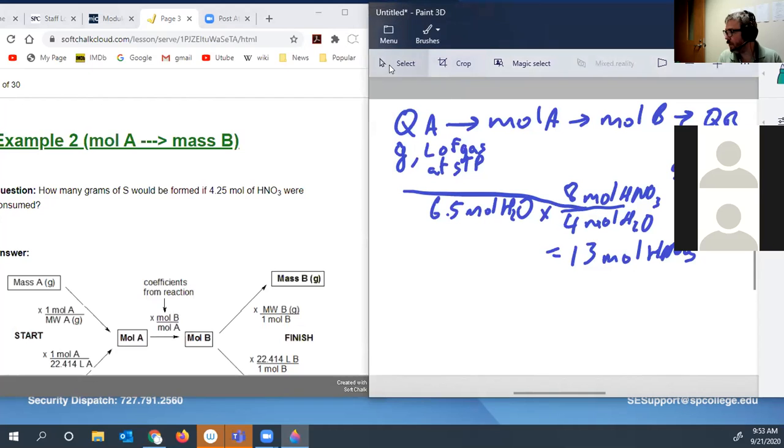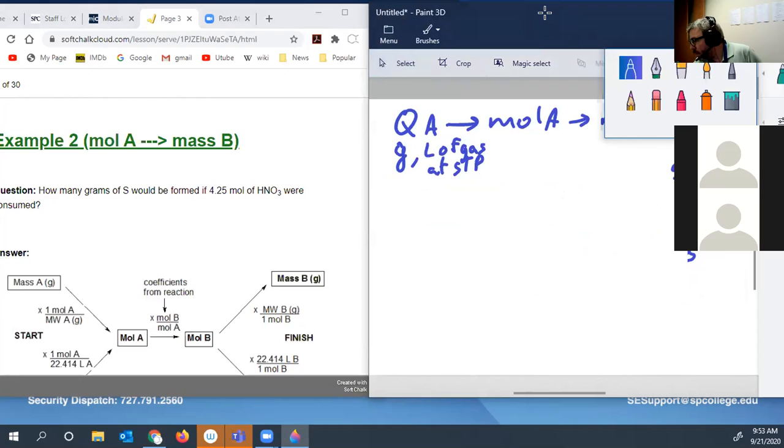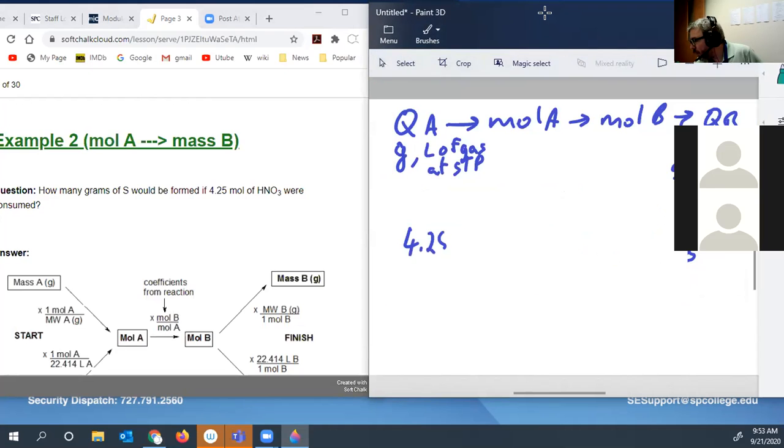So we're going to be starting with 4.25 moles of HNO3.